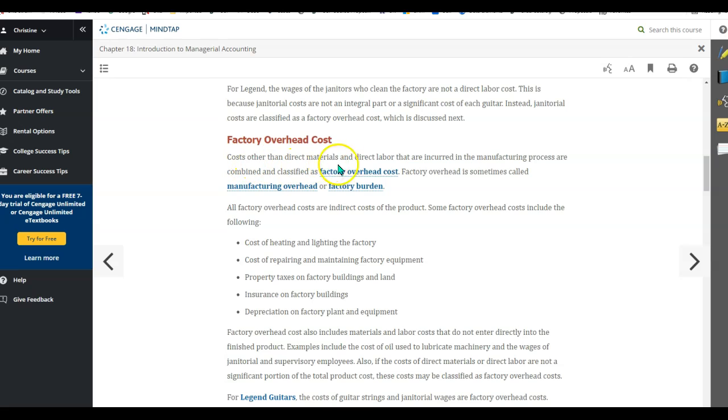So costs other than direct materials and direct labor are factory overhead, also called factory burden, sometimes called manufacturing overhead. Notice that this is direct materials and direct labor. If we have indirect materials, those are a factory overhead. Indirect labor is also a factory overhead.